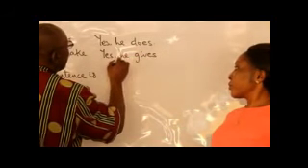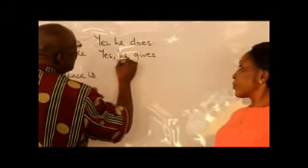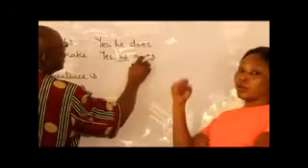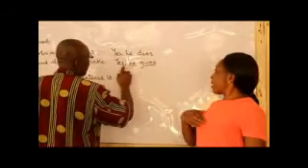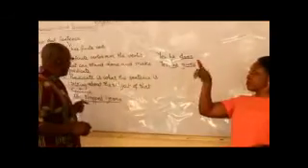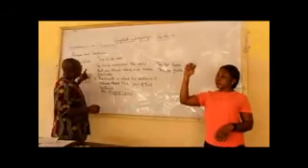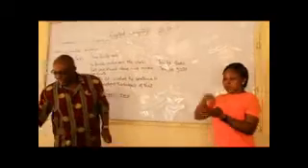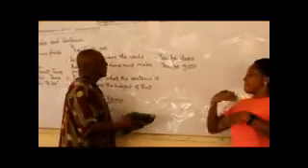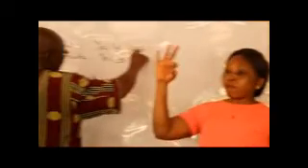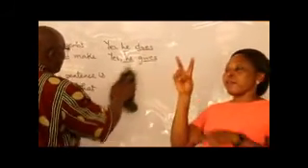Look at this. This is the subject of this sentence, and this is the predicate. It's telling you what this one does. The same thing here. And so, any verb that can stand alone and make predicate is called finite verb. So this is finite verb, and this is finite verb.